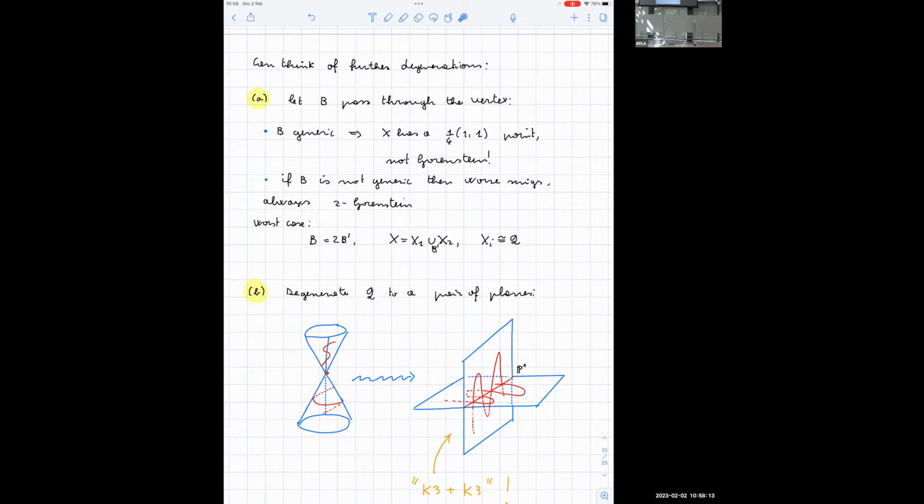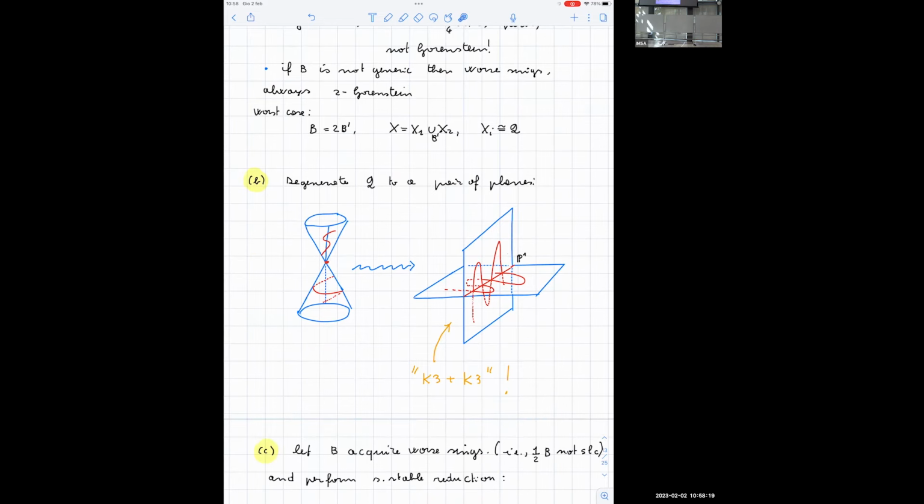Another possibility, instead of degenerating the branch locus, is to degenerate the cone. Since the cone is naturally embedded in P3, you can degenerate it to the union of two planes. If you take the double cover of this, I tried to draw a general degeneration. Again, you see, this is the intersection with the quintic section.